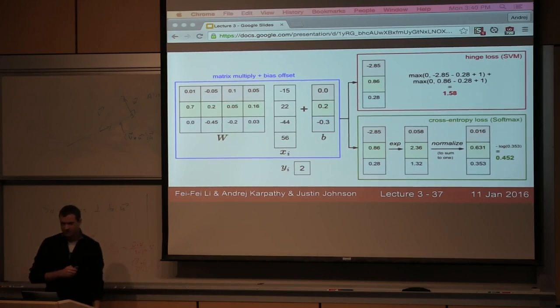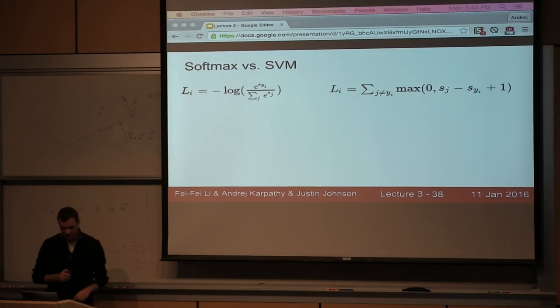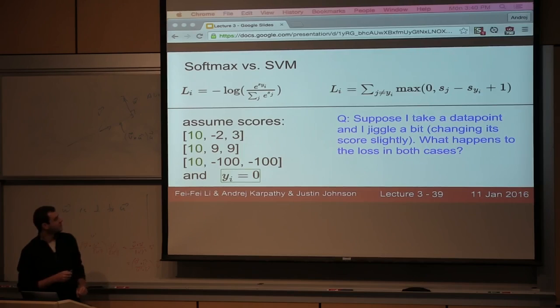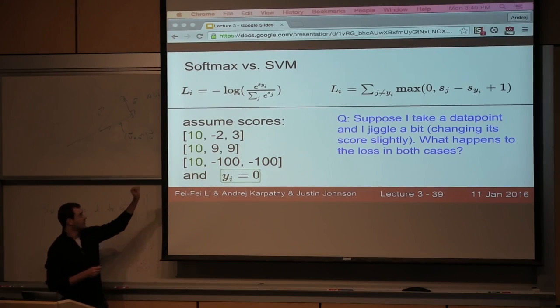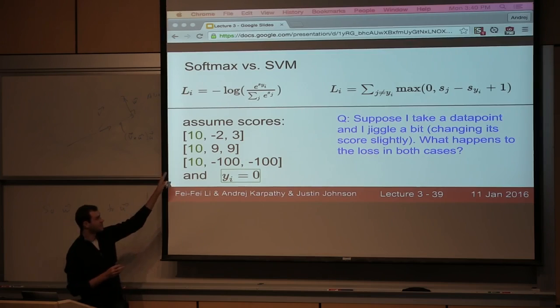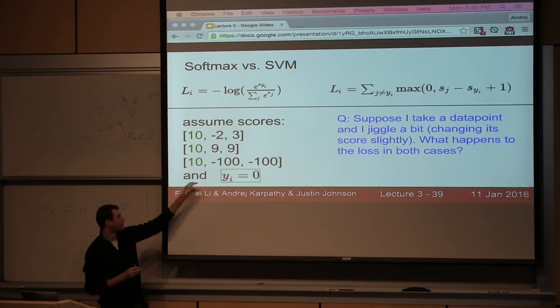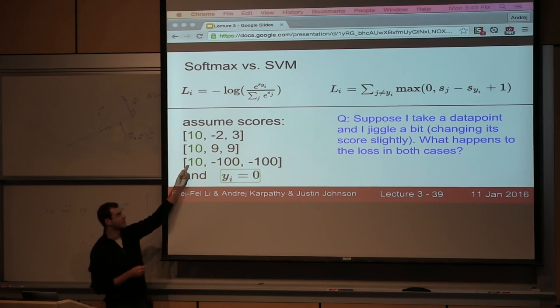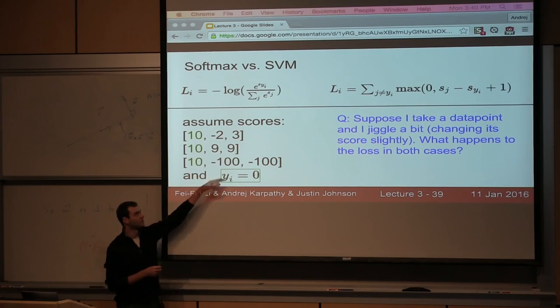OK, cool. Let's look at some interpretations of these two and exactly how they differ. So softmax versus SVM, and I'll try to give you an idea about one property that is quite different between the two. They have these two different functional forms. Now assume that we have three examples and three classes, and these are the scores of these examples. For every one of these examples, the first class is the correct class, so 10 is the correct class score, and the other scores are these.